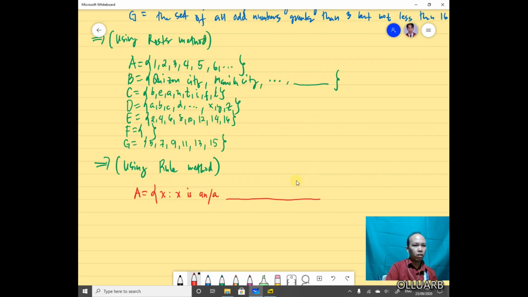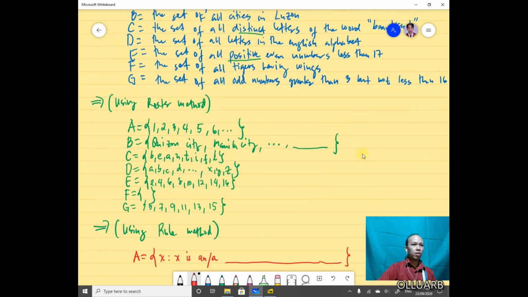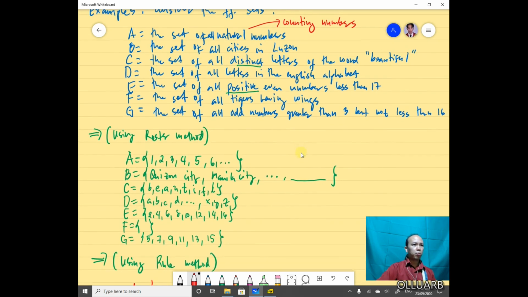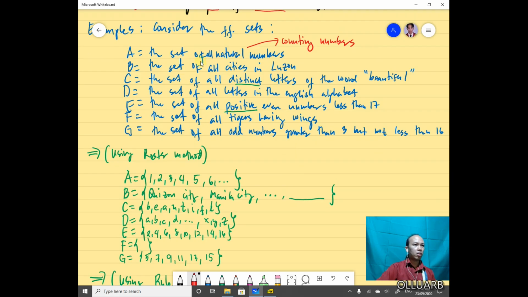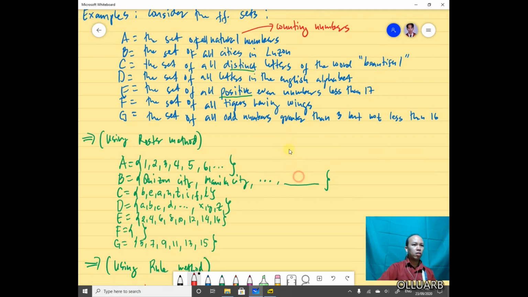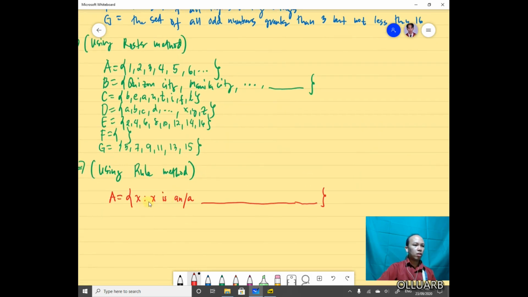We write the phrase here and then we enclose it. So for example, since it is a phrase, let's practice how to write a phrase. The set of all natural numbers. So it's the set of all x such that x is, is it an or a?